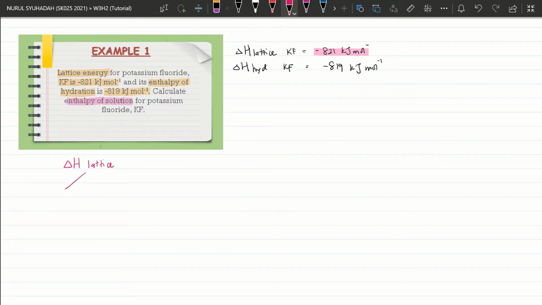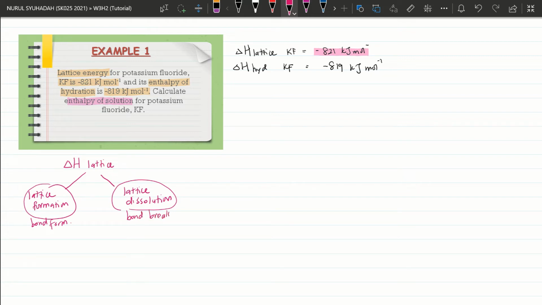The first one is lattice formation, and the other one is lattice dissolution. What's the difference between these two? Formation means here we have bond formation, and for lattice dissolution, we have bond breaking.